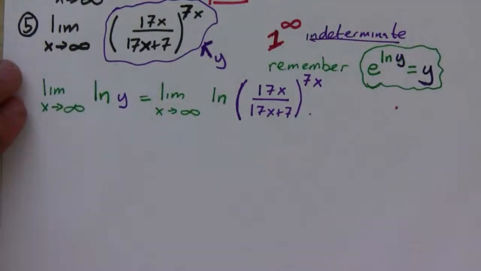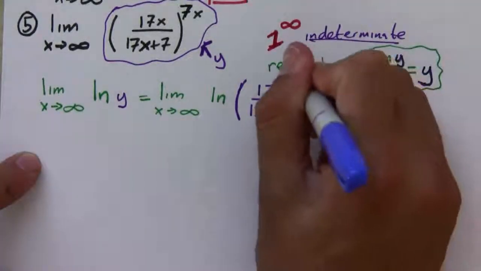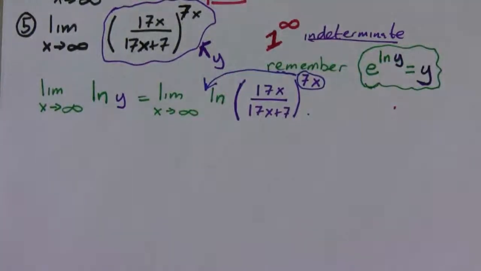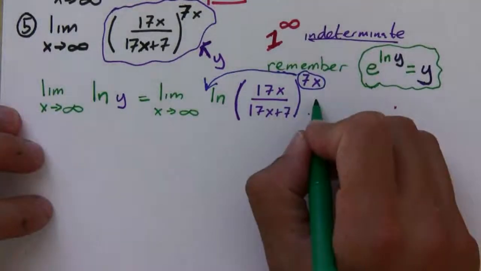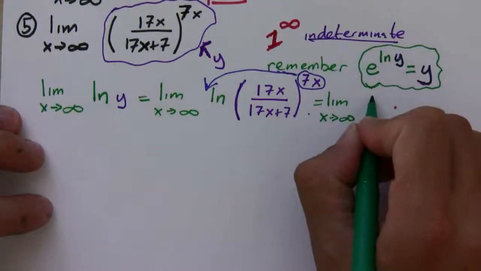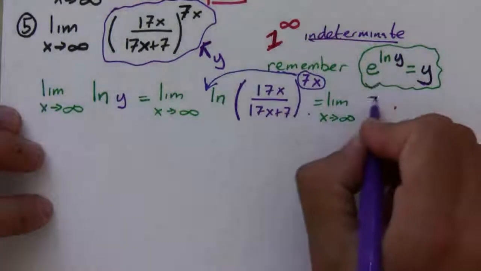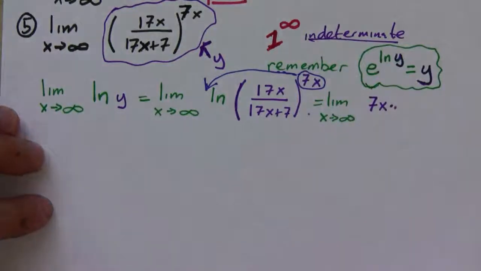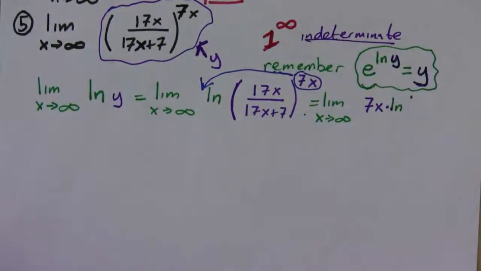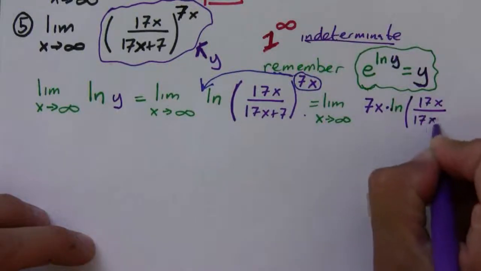Then we can bring down the exponent using the laws of logarithms. So this is equal to the limit as x goes to infinity of 7x times the natural log of 17x over 17x plus 7.